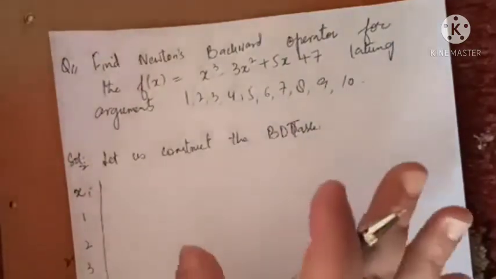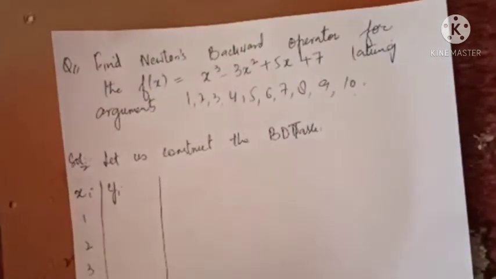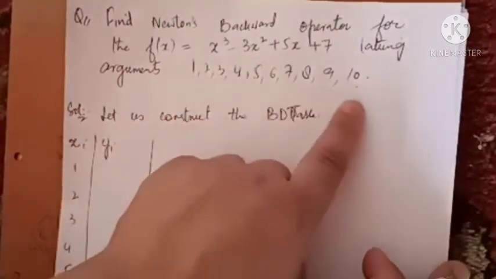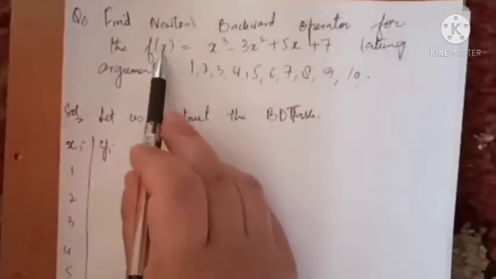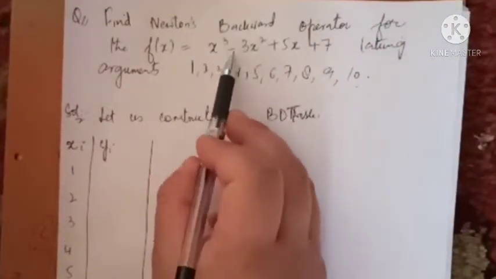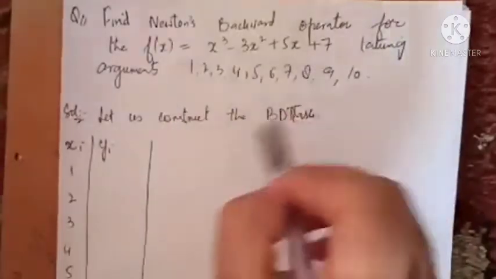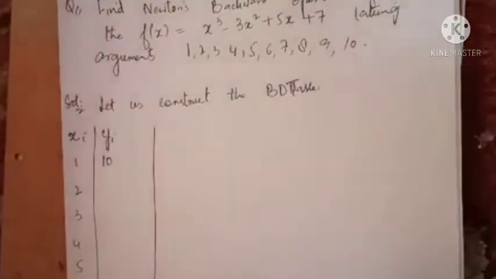We don't know the values of the yi's. They have not been given to us, but we have to find them out. How? By taking each and every argument and substituting it in this equation. First when we write 1 in place of x, so 1 cube minus 3 into 1 square plus 5 into 1 plus 7, whatever value comes, that value we have to write over here.